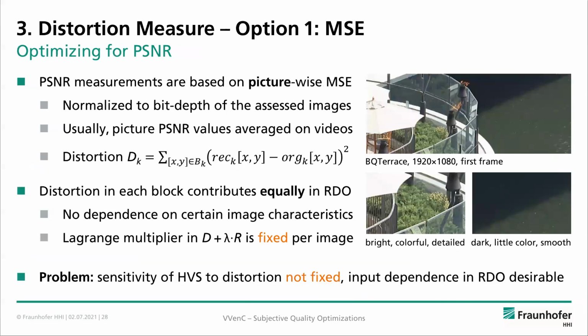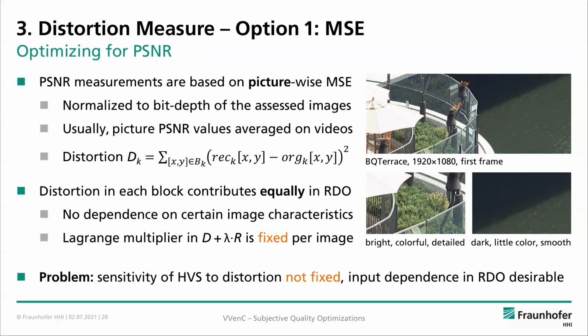So what options do we have regarding the distortion measure? The simplest one is the MSE, which means we're optimizing for peak signal to noise ratio. The PSNR measurements are based on picture-wise MSE values, normalized to the bit depth of the assessed images, and for videos, usually the frame-wise PSNR values are averaged.